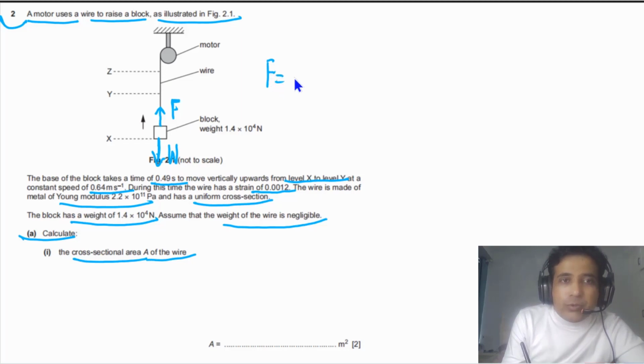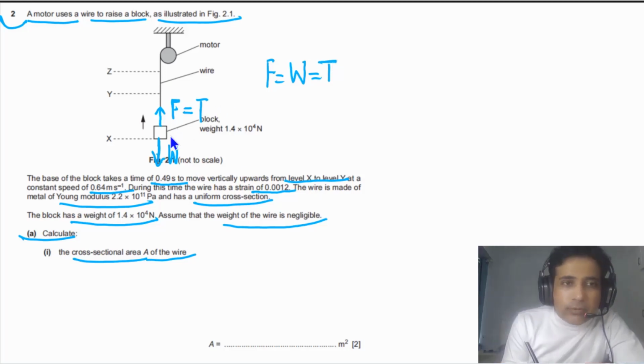So these two forces have to be equal in magnitude. As these two forces are equal, we can also say the tension in this wire is also equal to W, and W is equal to F.